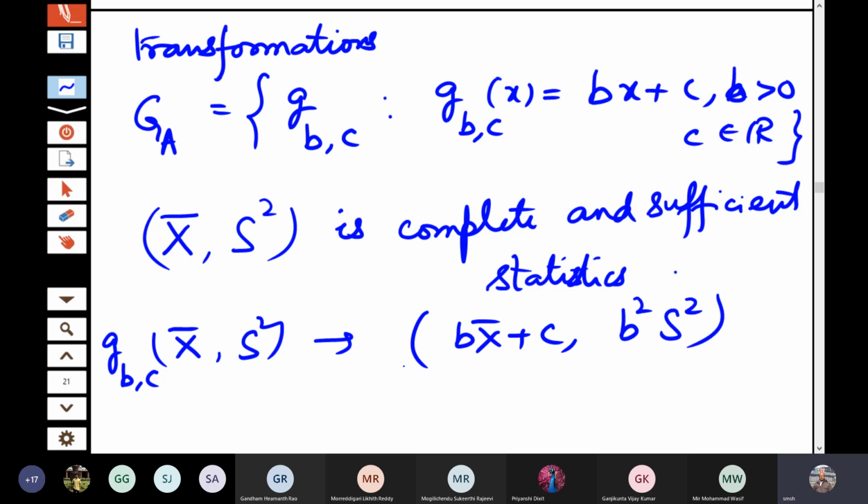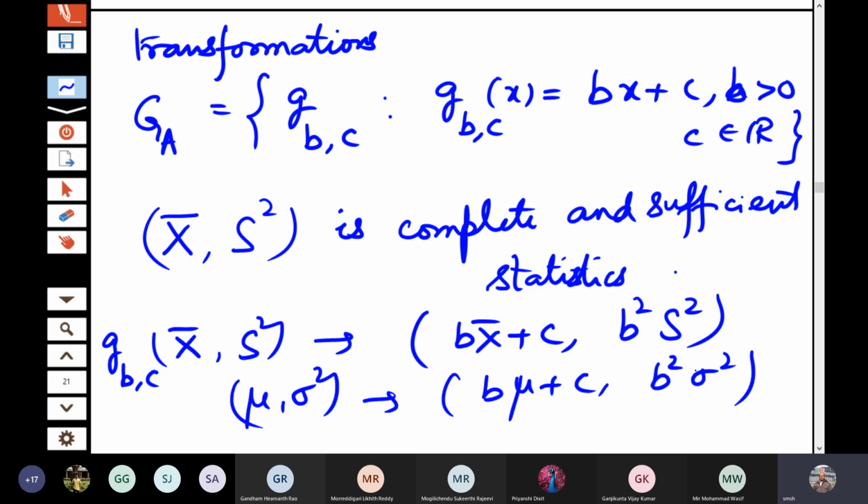So that means if I consider the distribution (mu, sigma square), that will go to (b mu plus c, b square sigma square). I think these are all very clear cut things. There is not much difficulty to understand this. Is that okay? Yes, sir.